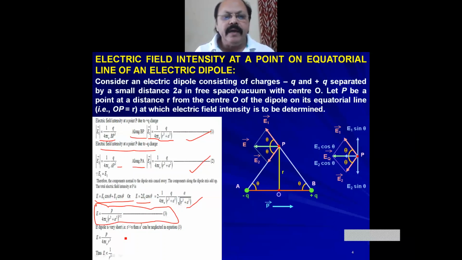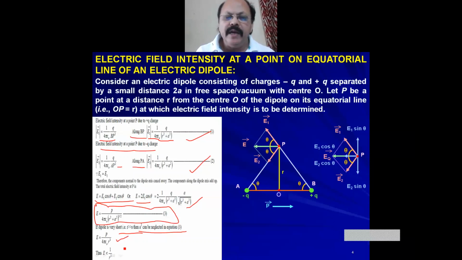Now we take one condition. If the dipole is very short, that is R is greater than A, then A square can be neglected from equation 3. Then equation 3 becomes E equals P upon 4 pi epsilon naught R cube. Again, P is constant, 4 pi epsilon naught constant.